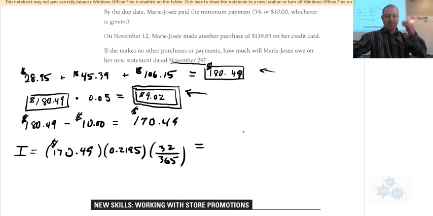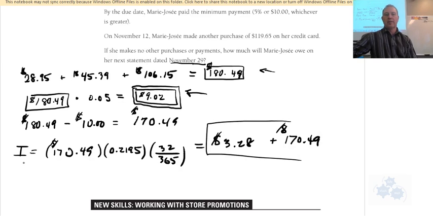What's that? I got 3.28. Okay, so we got $3.28. That's the interest there. So right now from this total we've got 3.28 plus the 170.49, right? So that's what we owe on this part.